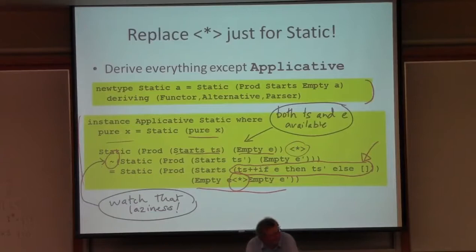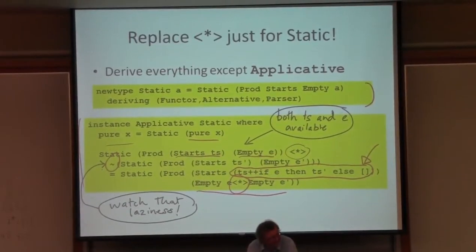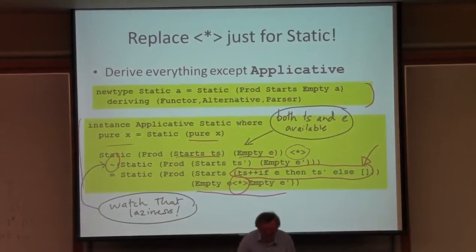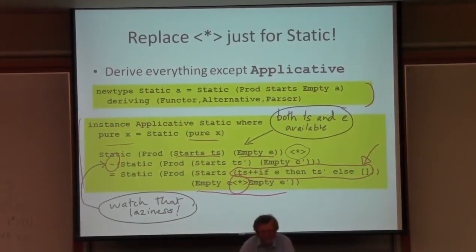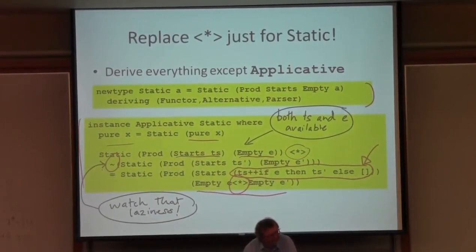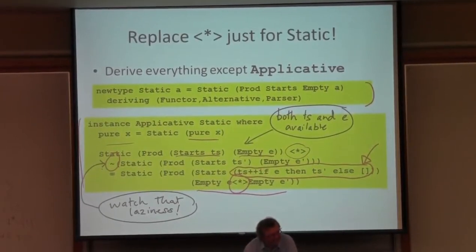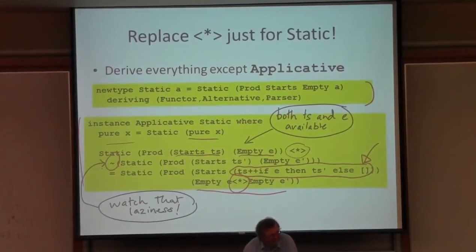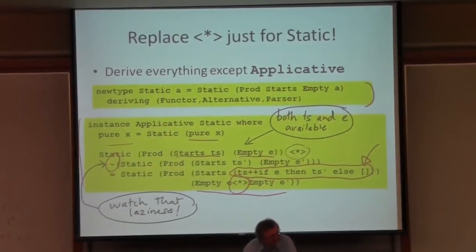Yeah? Isn't combining starts and empty not much nicer than these incomplete pattern matches you have here, and these structures are lazy? Sorry, what incomplete pattern matches do I have? Well, in your previous definition of applicative, where you forgot defining applicative. Yes. Isn't it much nicer to just combine starts and empty, so you have something like option list of char?